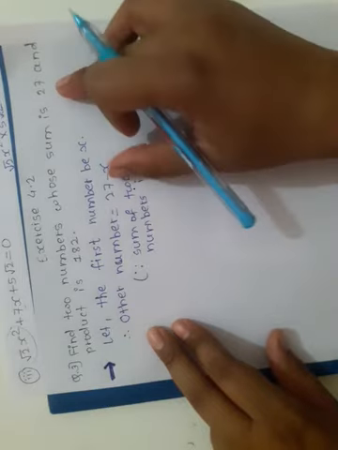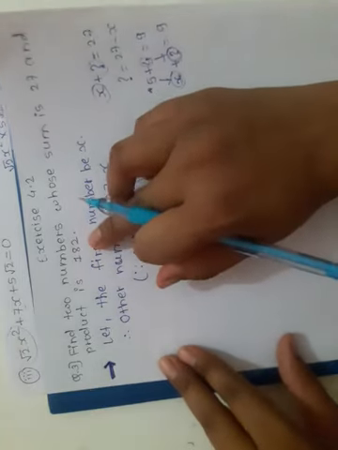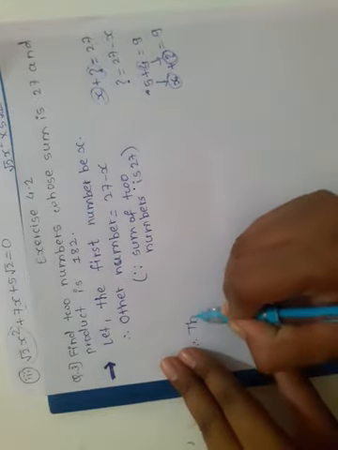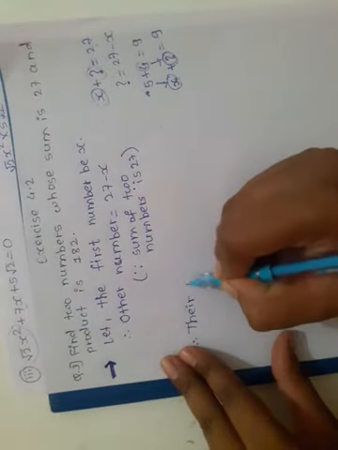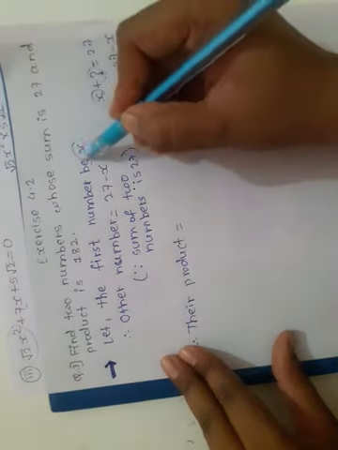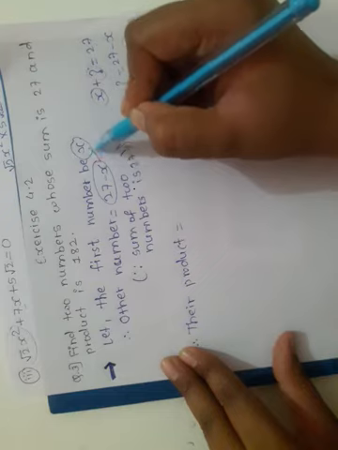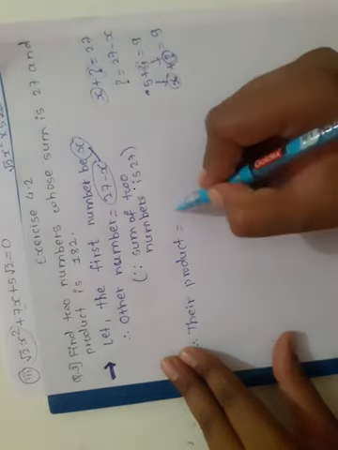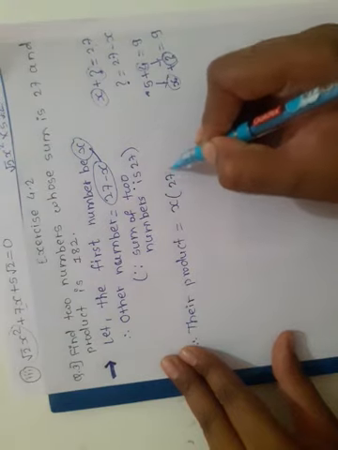Now what else is given to us? The product of these two numbers is 182. So write down here: therefore their product is x into 27 minus x.